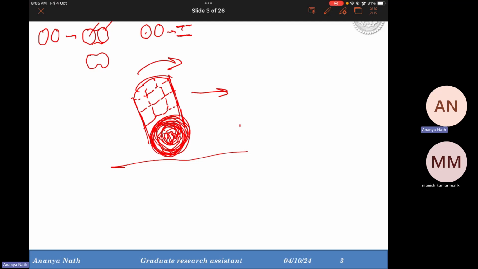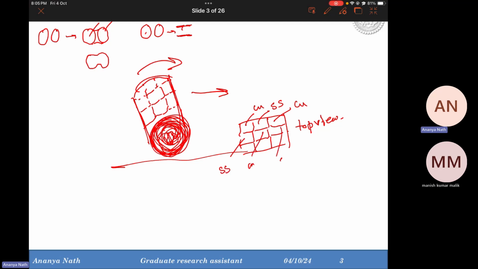So basically, this is your top view of the powder bed. If you are printing a part with, this is stainless steel, this is copper, this is stainless steel, this is copper.